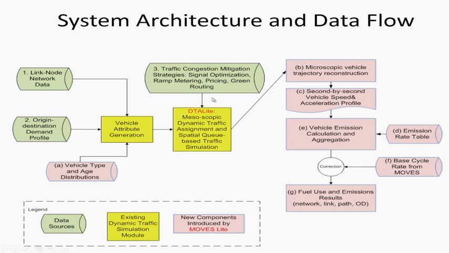After that, from the middle of our simulation engine, DTALite, you can produce the vehicle trajectory. If you want to do an emission-related analysis, you can do a second-by-second vehicle speed based on the newest car-following model. You can also produce the vehicle emission data and other network-wide traffic statistics. I will go through many layers of statistics analysis in the next few sessions.